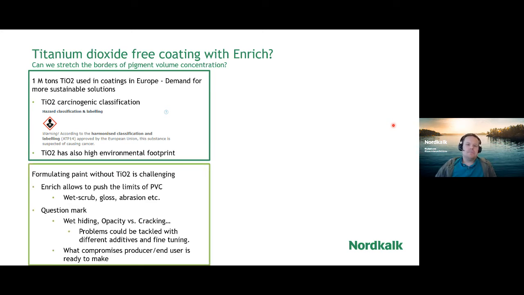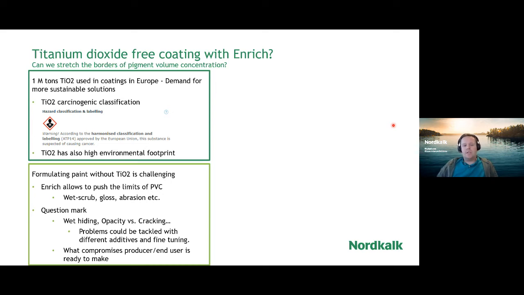But on the other hand, formulating this paint without titanium dioxide is challenging. But as we saw earlier, Enrich allows us to push the limits of PVC. We saw that wet scrub resistance stays on a good level, even if we reduce the amount of binder, we saw that gloss stays, and we have examples that the abrasion stays on a good level.